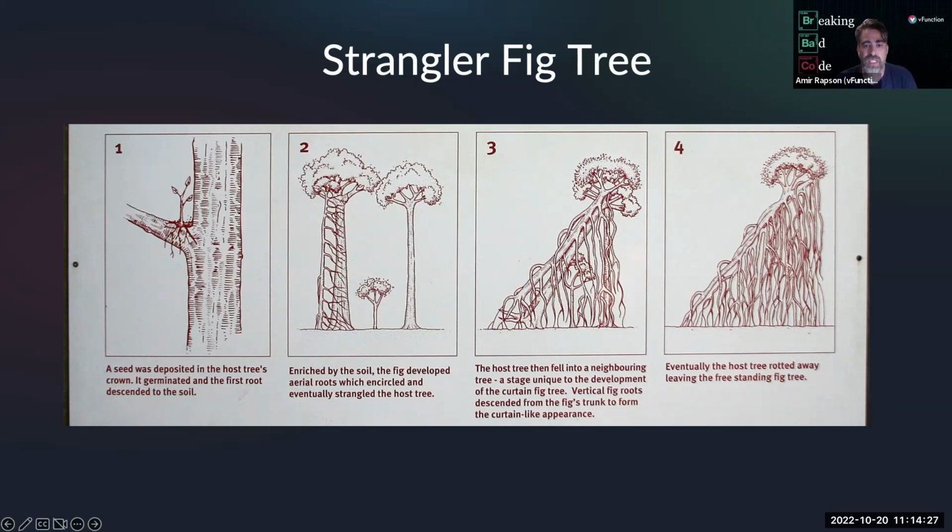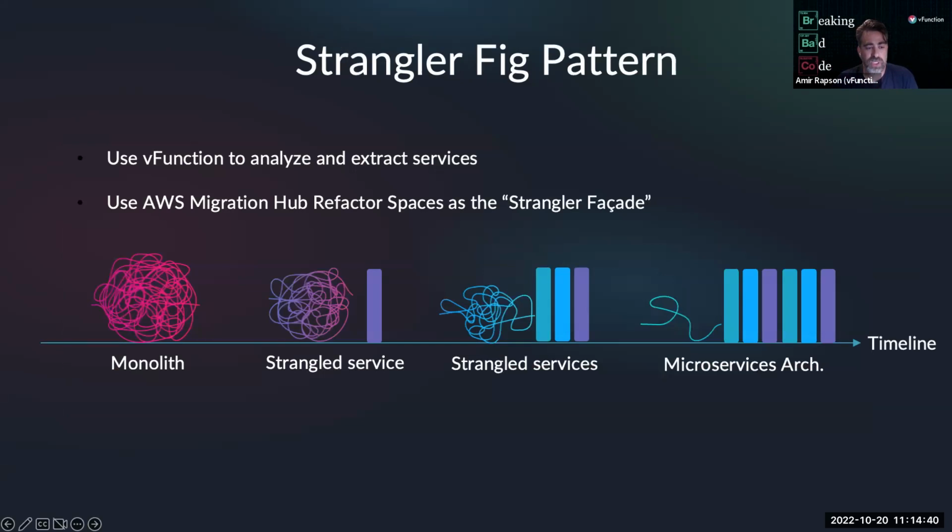What you have then is a microservices architecture. You can also think about this as an iterative modernization strategy. What it looks like in real life is this. You start with a monolith, you strangle a service, you extract a service, and you have one new service running alongside the monolith. You use vFunction to extract those services, and you use AWS Migration Hub Refactor Spaces as your Strangler facade. That's whatever drives traffic not to the monolith anymore, but to the new service.